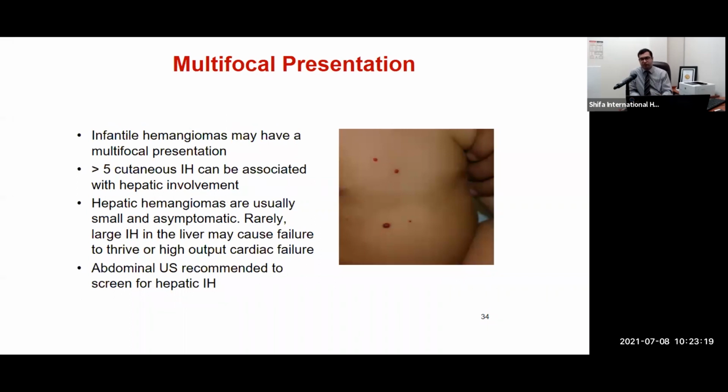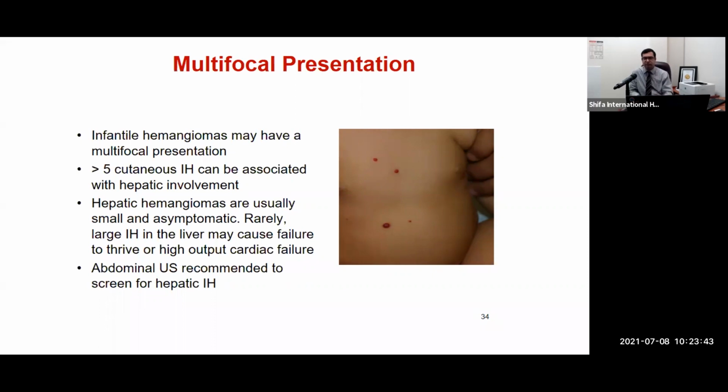Now, multifocal. Always think about other organ involvement if you have multiple hemangiomas. More than 5, do worry. Again, there is a bit of academic discrepancy between Americans and Britishers, or Europeans here: less than 5, more than 5, or more than 10. There is no general consensus between the two groups.